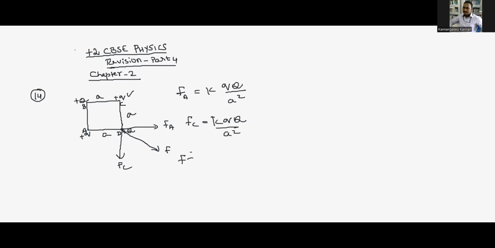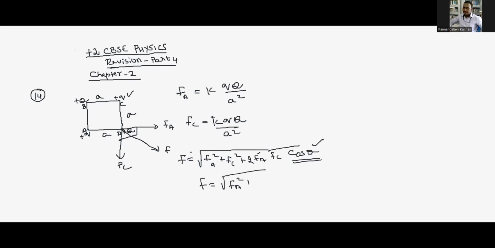F is equal to the whole root of Fa square plus Fc square plus 2 Fa Fc cos theta, and theta is 90 degrees, because the angle between Fa and Fc is 90 degrees. Cos 90 is 0, therefore you will have only these two. F is equal to the whole root of Fa square plus Fc square.